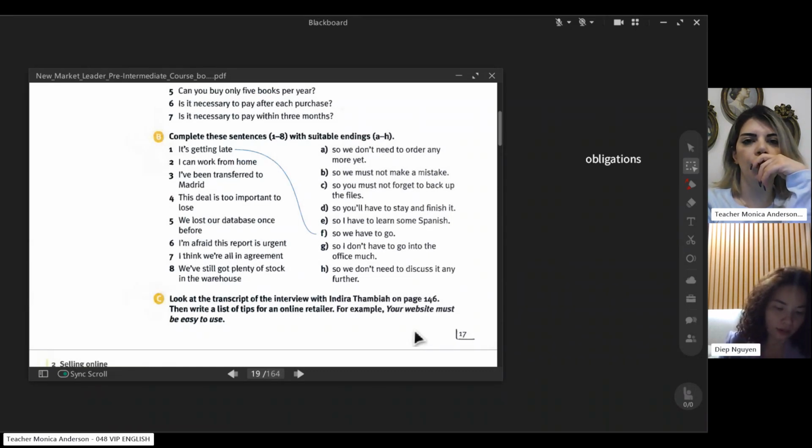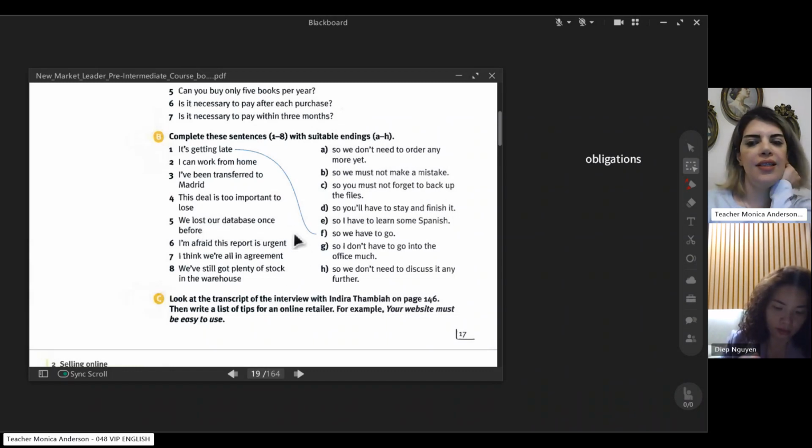This year is too important to lose, so we must not make a mistake.